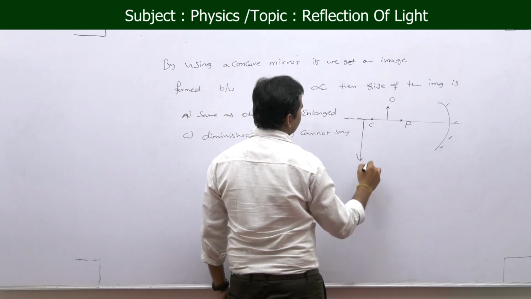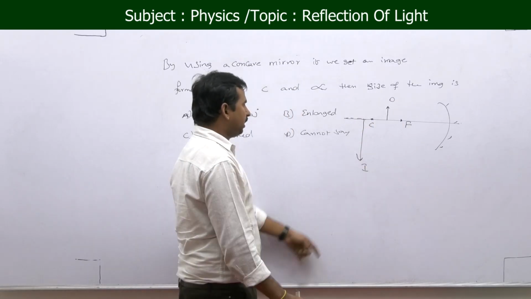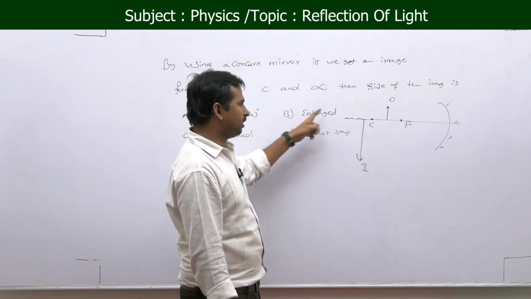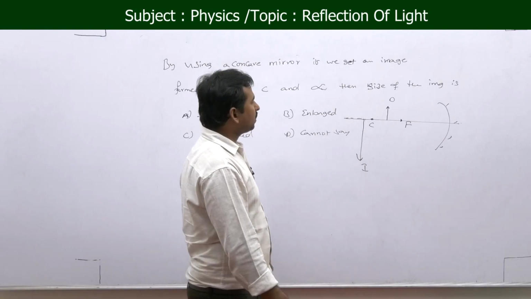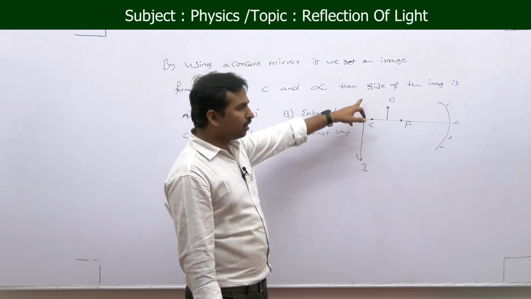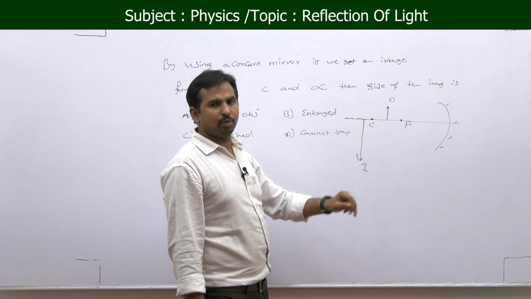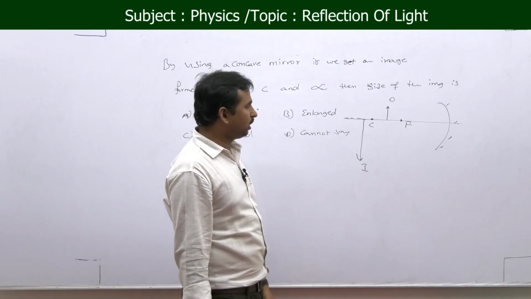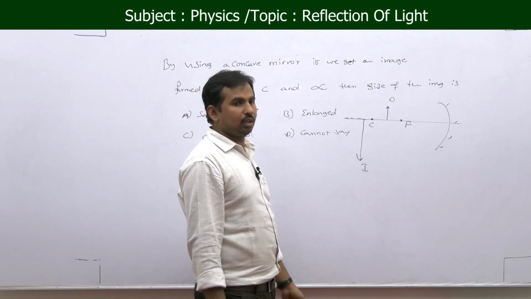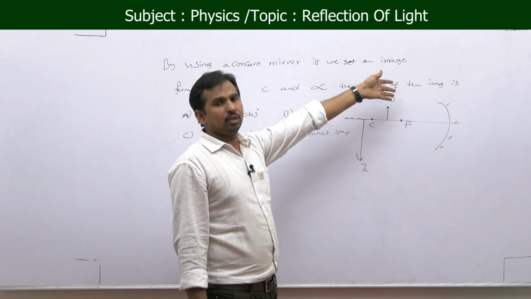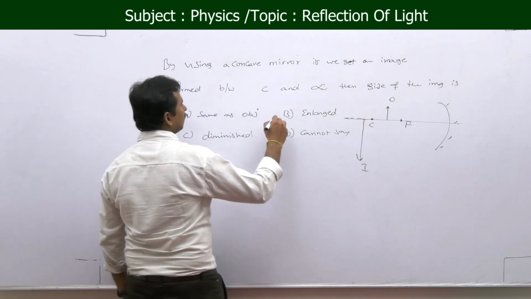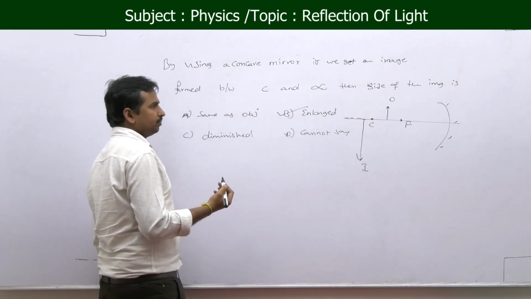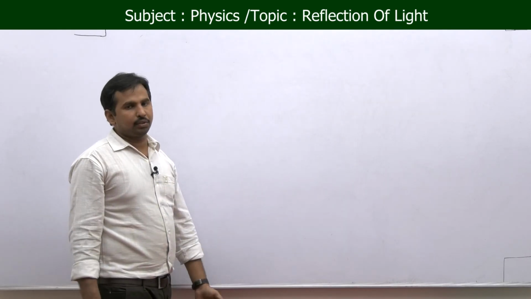If this is the object and this is the image, and that image we are getting between C and infinity, it means the image formed is an enlarged image. If you remember, this position of the object is the fourth ray diagram. So the image formed is an enlarged image, and that too was very recently given in the 2016 paper.